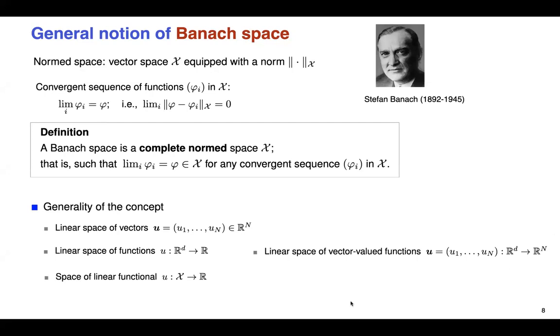But you can be much more general. You can have spaces of linear functions going from the Banach space into R. And if you want to be completely general, you can have a linear space of bounded linear operators going from one Banach space to another Banach space, with R^n being a special case of the Banach space. So it's amazingly general, this whole framework.